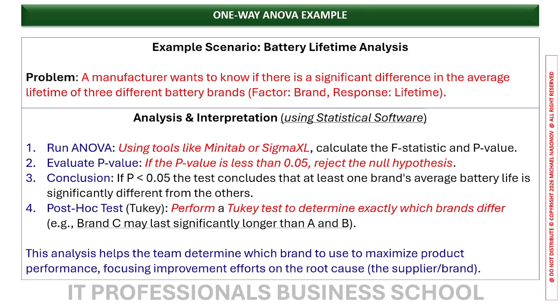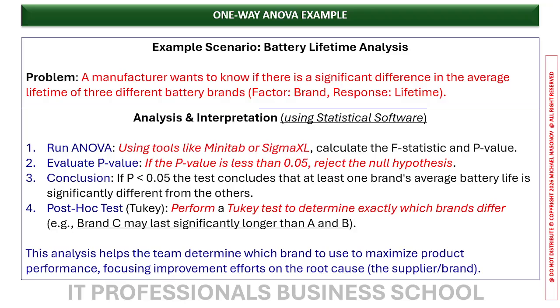If the p-value is less than 0.05, remember, reject the null hypothesis. Conclusion: if p is less than 0.05, the test concludes that at least one brand's average battery life is significantly different from the others. And last one, post hoc test, or so-called Tukey.